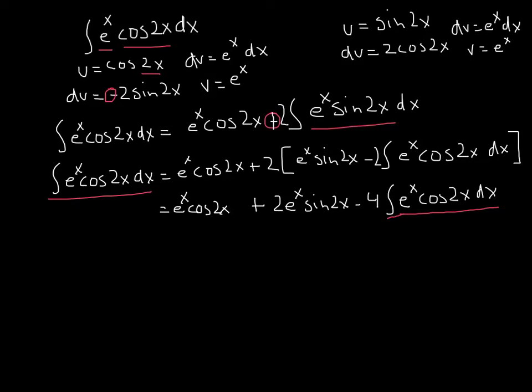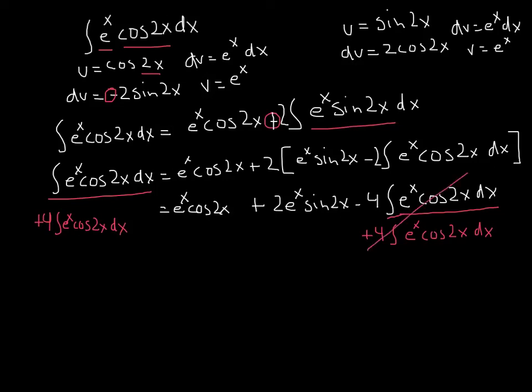Well, you can now treat it like an algebra equation, and you can add 4 times this integral, e to the x cosine of 2x dx, to both sides. And just like any algebra equation, that's going to cancel.